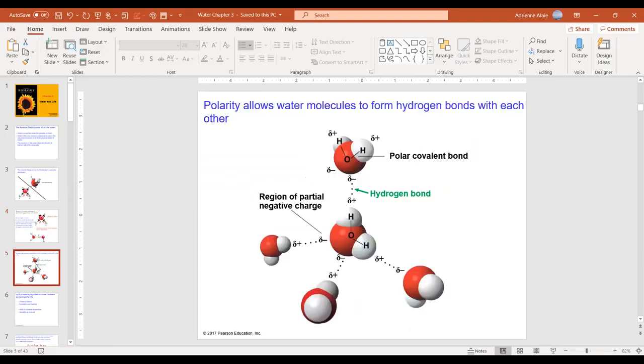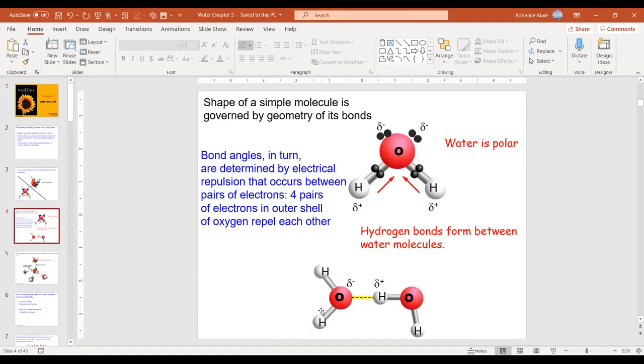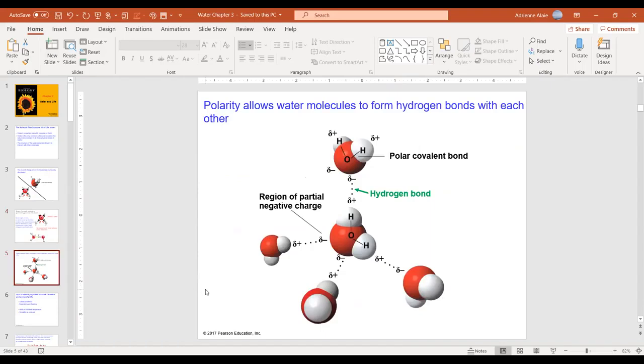So the polarity of each water molecule allows them to make multiple hydrogen bonds, right? So we graduated from looking at two water molecules, and you have to know that each individual water molecule like this can make multiple hydrogen bonds with other surrounding water molecules. And that's what you see here. You see a water molecule, if you look at the central one, making a series of hydrogen bonds with a series of water molecules that are surrounding it.